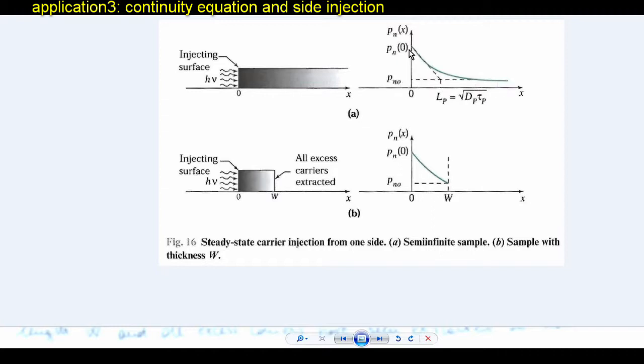It is very large at the surface at x equals 0, because all the generation takes place there according to our assumption, and then it falls exponentially, and the characteristic length is the diffusion length, Lp.